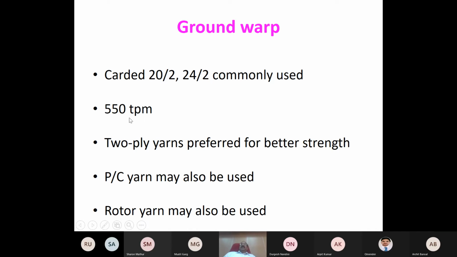The twist is also very high, almost double that of the pile warp. As I said, during weaving these yarns remain under high tension, so they need to be strong. That's why you go for 2-ply as well as high twist.